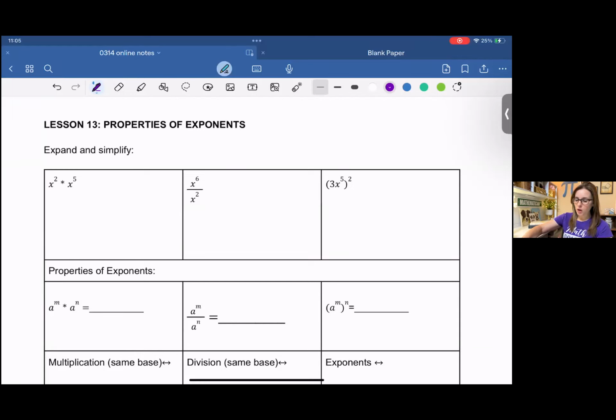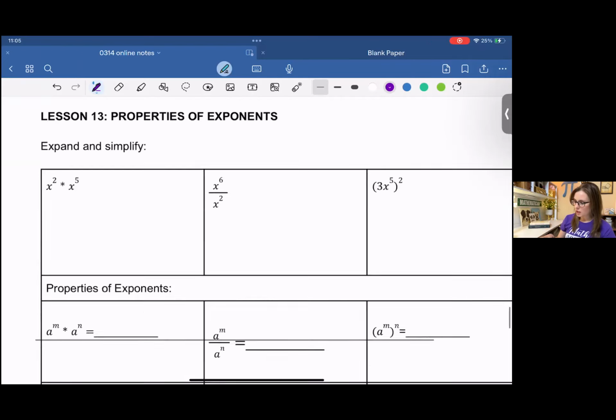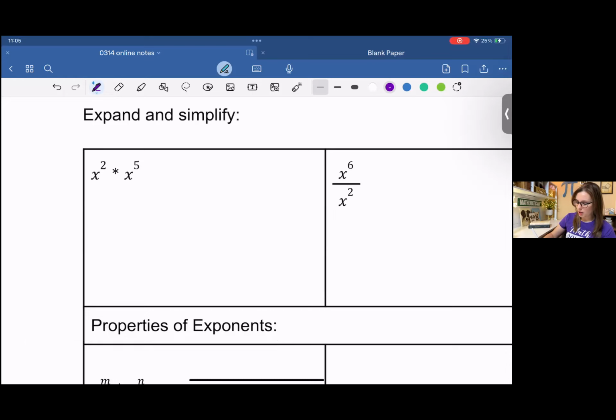So if I have x squared times x to the fifth, what that means is that x is being multiplied 2 times. So the exponent is indicating how many times the base is being multiplied. And then I have x to the fifth, that means 1, 2, 3, 4, 5.